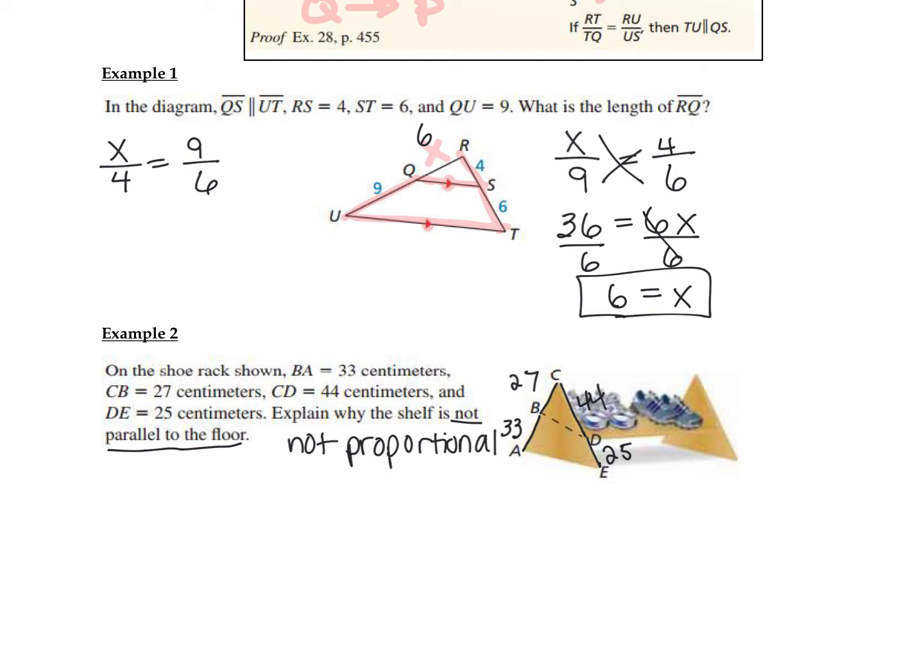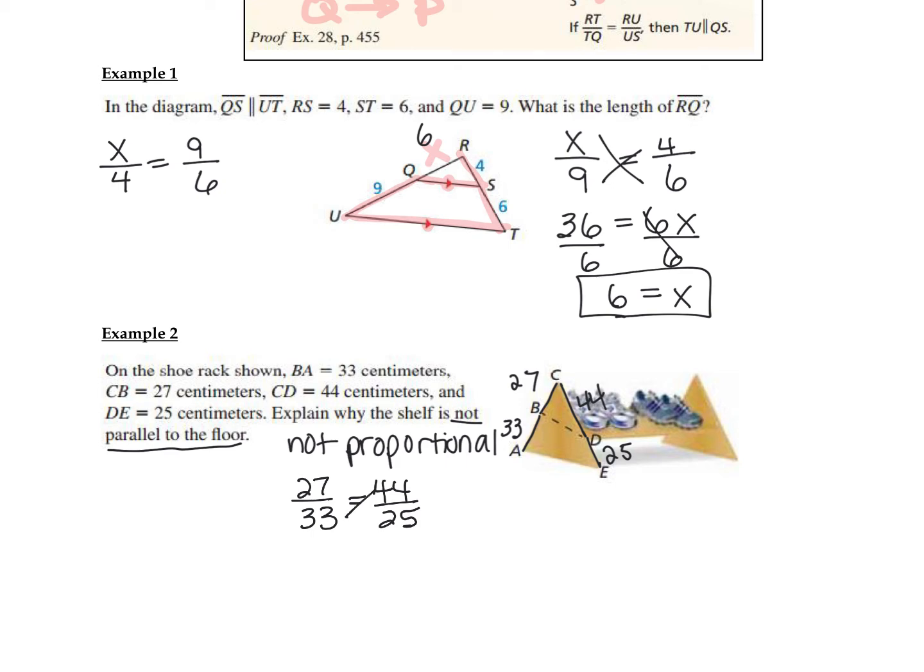So let's set up our proportion. So let's go 27 over 33 equals 44 over 25. Now, when we're not solving for X, all we have to do is cross multiply and see whether the cross products are equal. Let me grab my calculator.